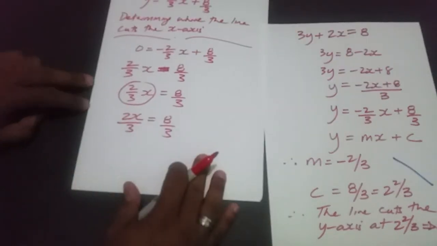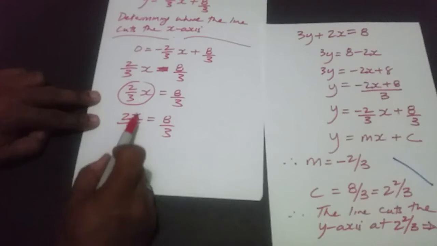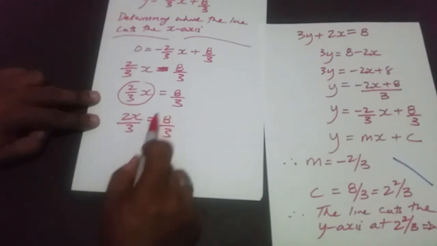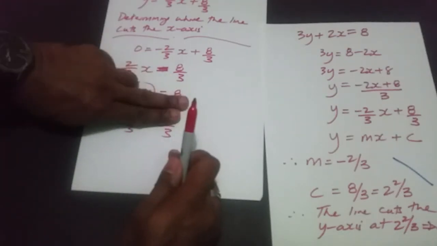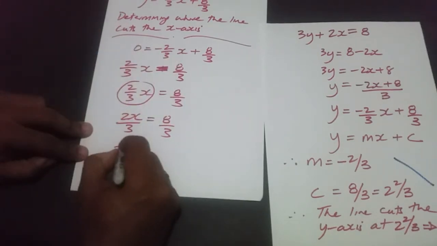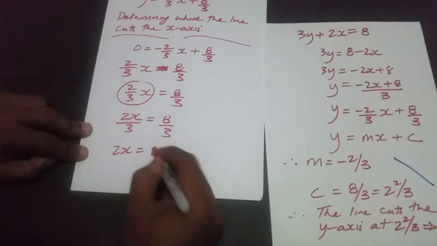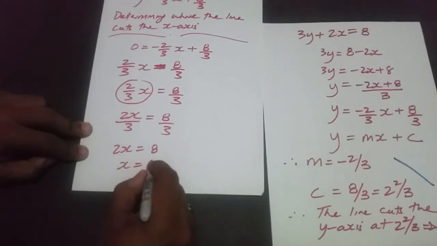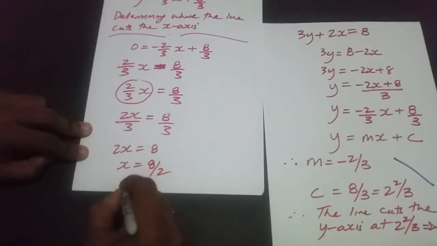Now, when you have an equation and you have a single fraction on one side and a single fraction on the other side, and the denominators are the same, then you can simply equate the numerators. Very simple. So x will be equal to 8 divided by 2, and x will be equal to 4.